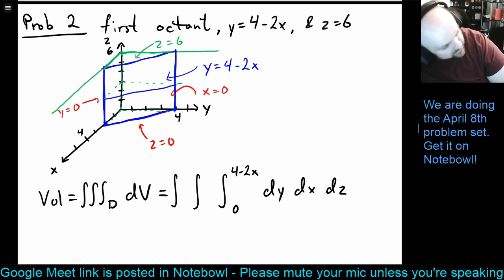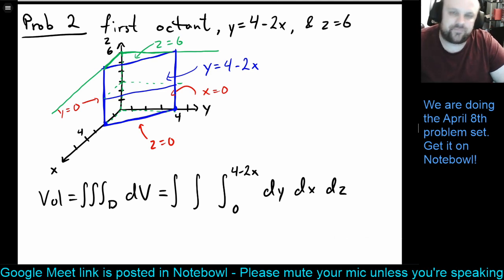Now with triple integrals, setting up the bounds on the later two integrals, figuring out what region we should integrate over, you can do it from the 3D picture, but I think that tends to look pretty confusing sometimes.